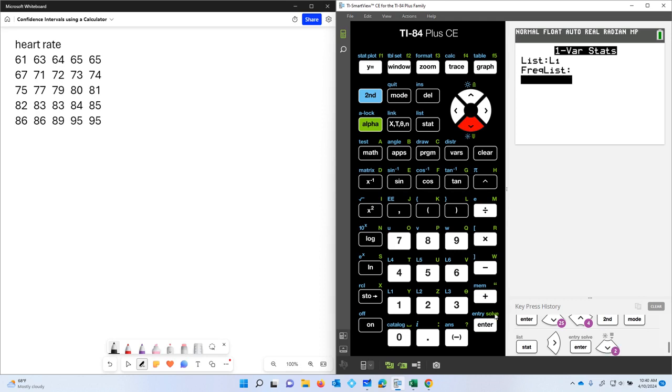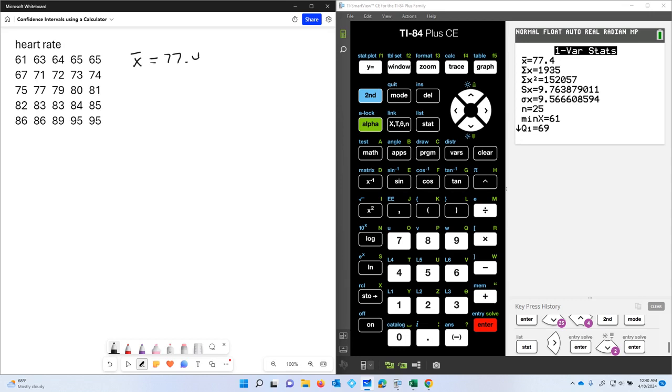One of the main things that I got from this is the sample mean. So the sample mean from here is 77.4.